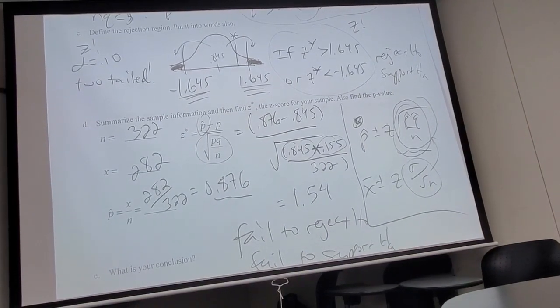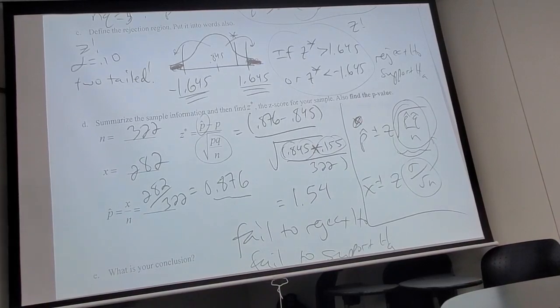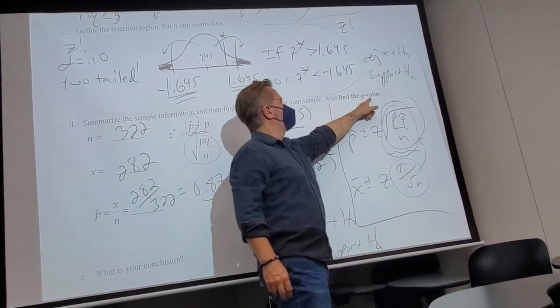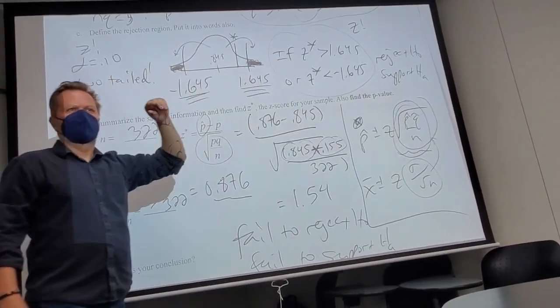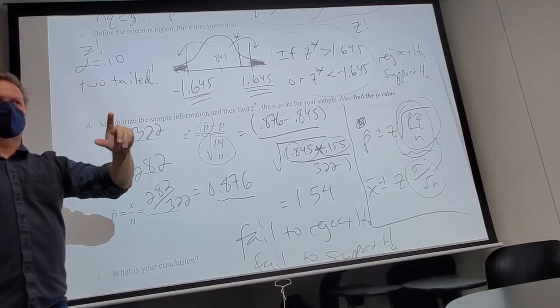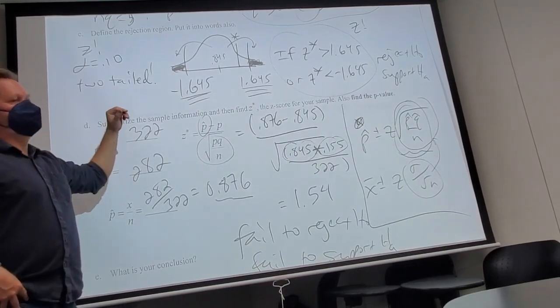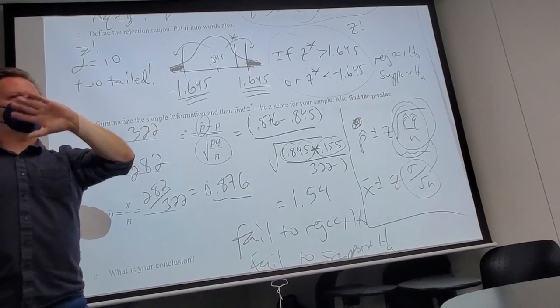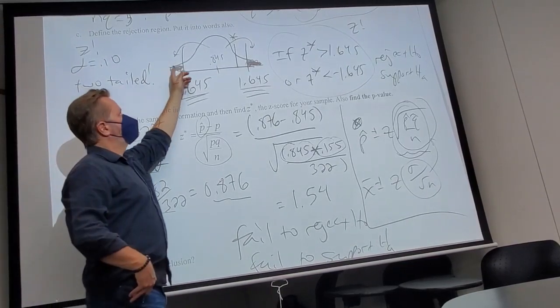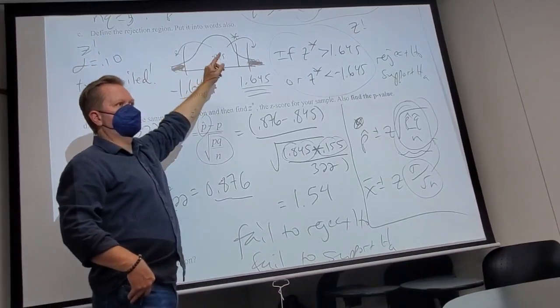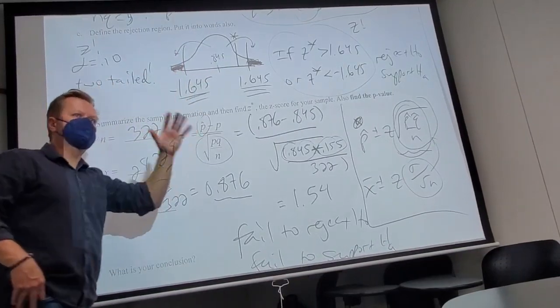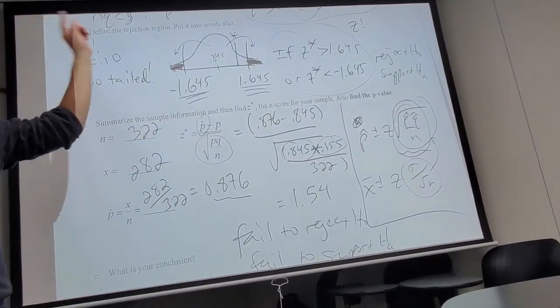Does anyone remember what the p-value is? Can anyone tell me a really quick way to tell somebody where alpha is in this picture? I have shown it.